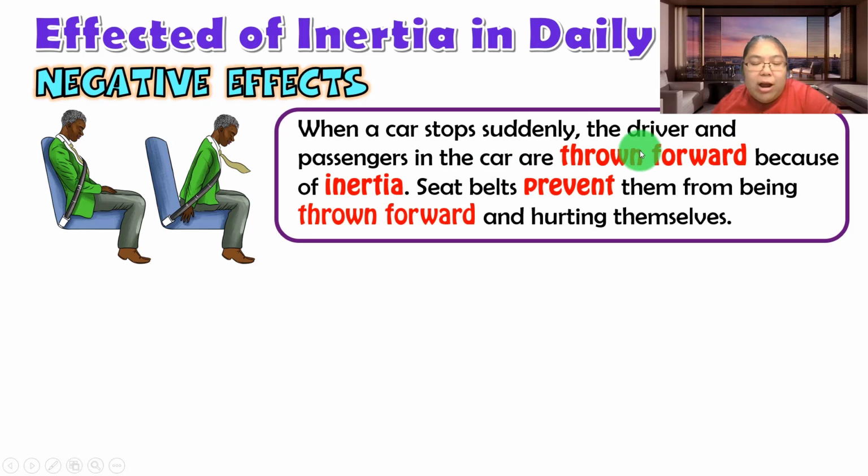So the driver and passengers in the car will be thrown forward because of their inertia. So what helps them is the seat belt. The seat belt holds the driver back to the original position, preventing them from being thrown forward and hurting themselves.